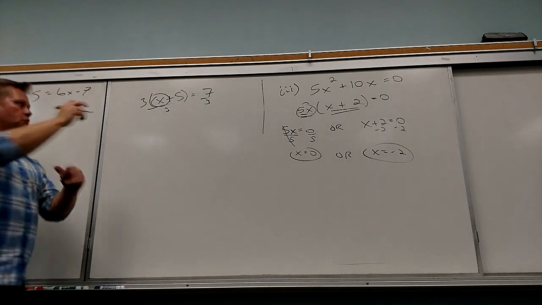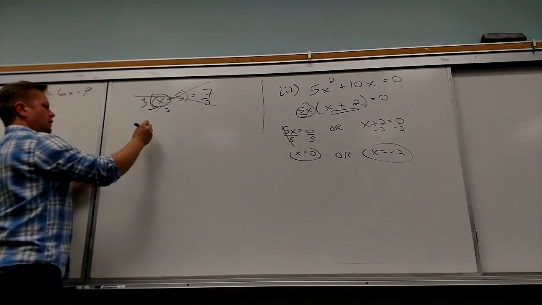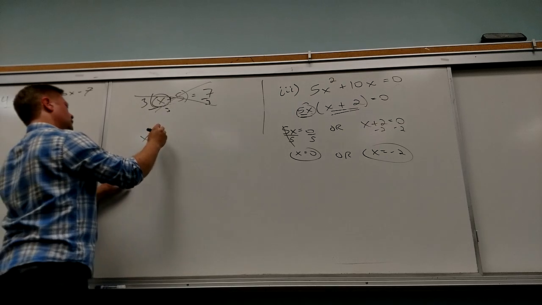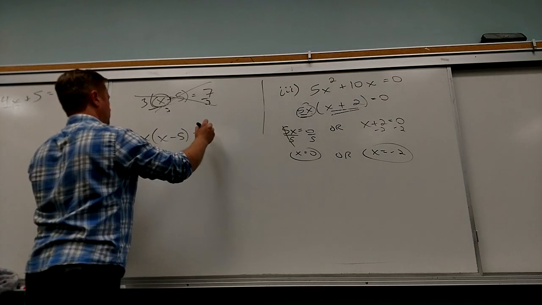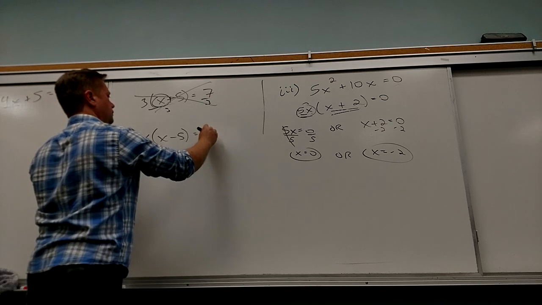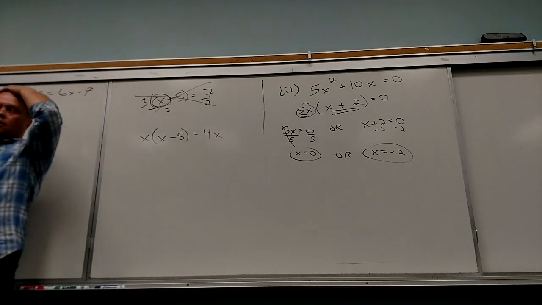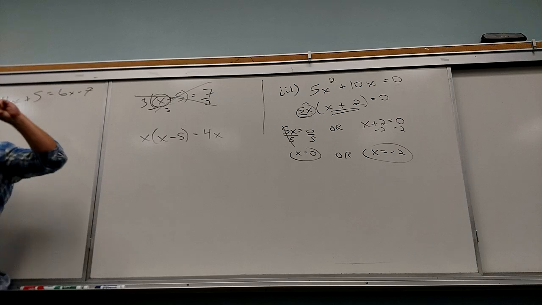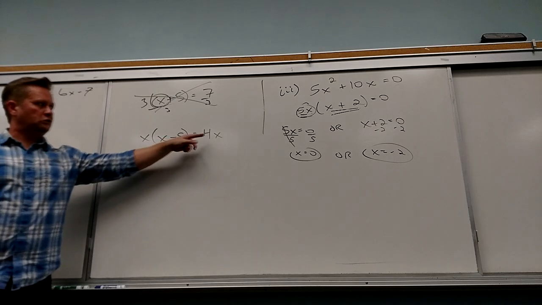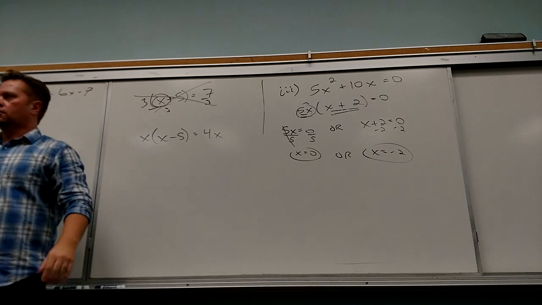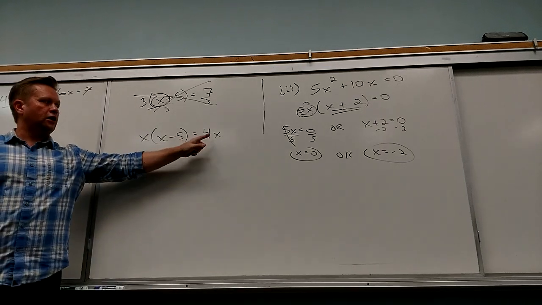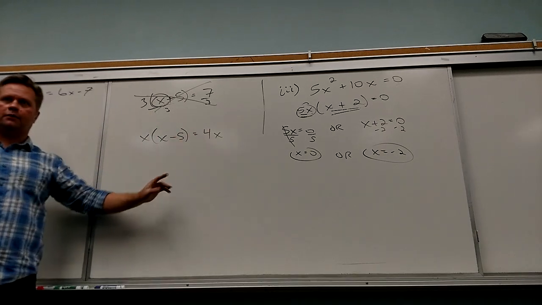All right, let me make it a little more interesting. So don't start saying x equals 4x or x minus 5 equals 4x. No. What's the only thing that could be here for me to do that next step? What has to be here?